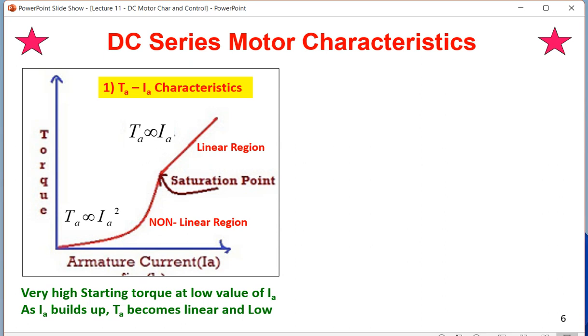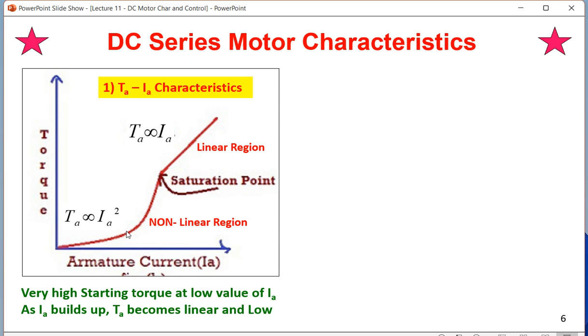Phi is proportional to IA, so TA is proportional to IA square. This is the initial part of the DC series motor where a little bit of increment in armature current increases the armature torque like anything. And this is the initial region which gives us very high starting torque.